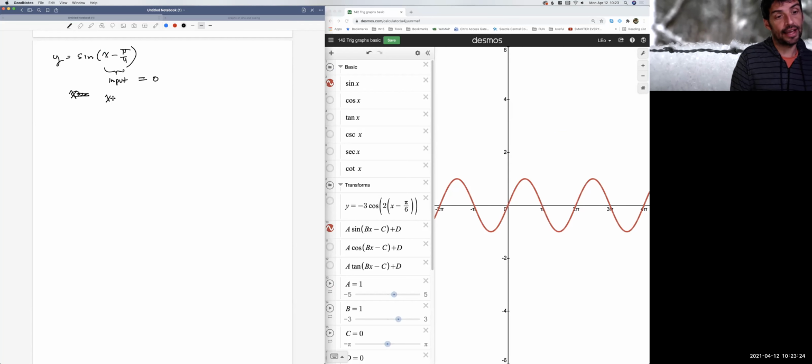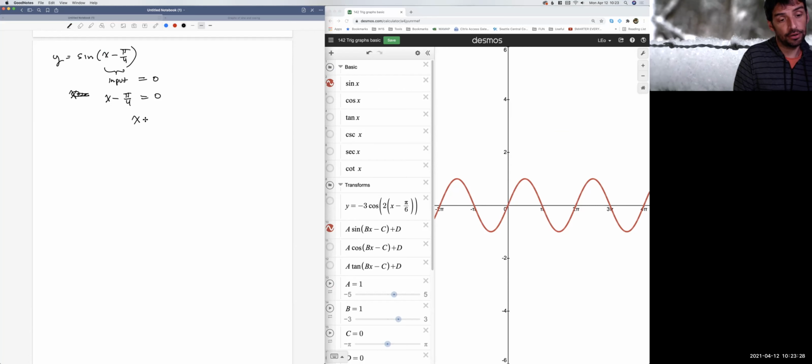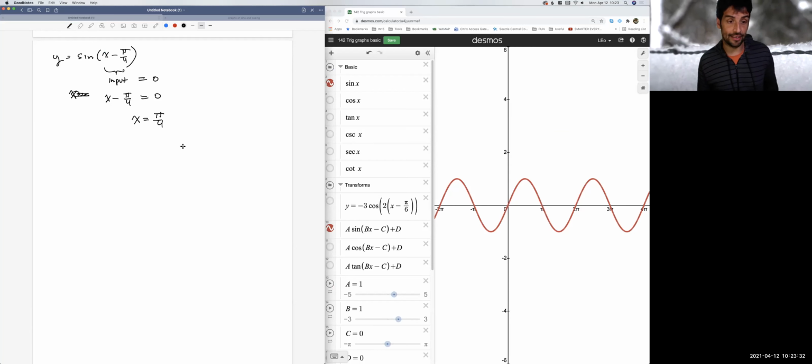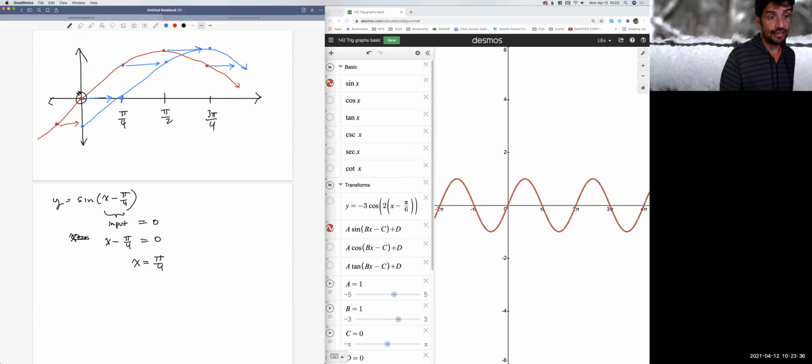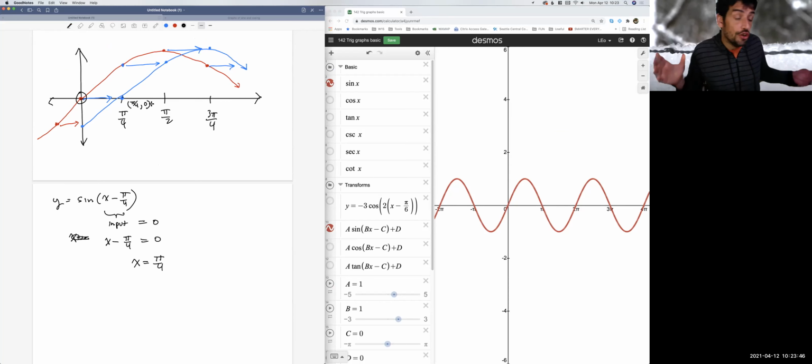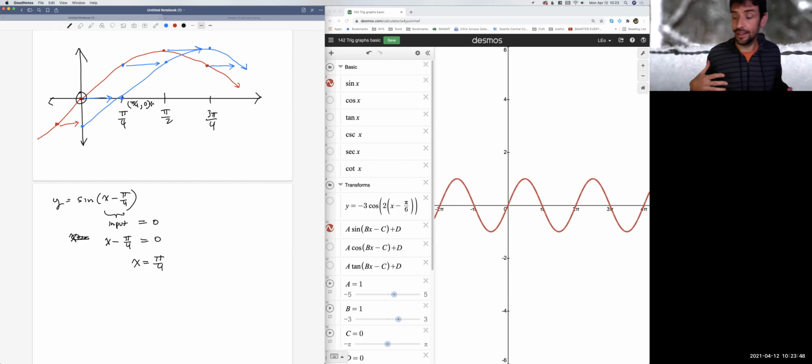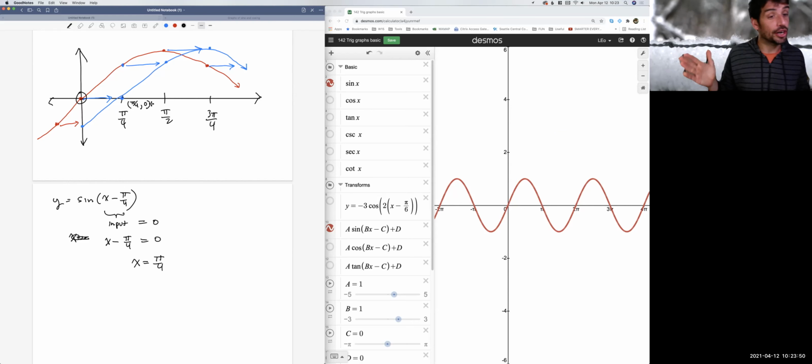So in this case, x minus pi over 4 is equal to 0. It tells me x equals pi over 4. So that 0 point that's normally, the output 0 is normally at input 0 right here. We've moved it to x equals pi over 4, and that's our new output of 0 beginning point, okay? So at first glance, it seems like the c value is what we're going to call the phase shift.